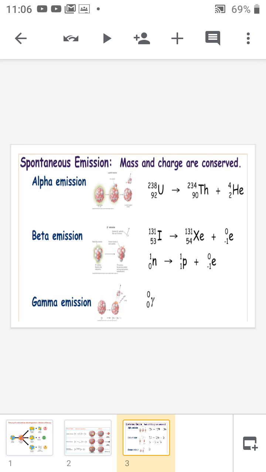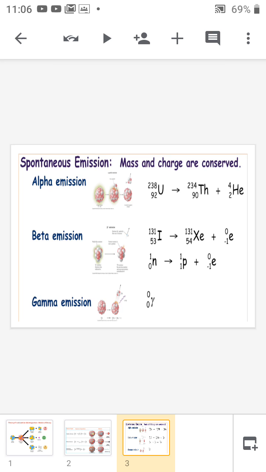So the newly generated daughter nucleus has atomic number 90, and the mass number is reduced by 4, so the mass number is 234. That is the element thorium. The element is determined by the atomic number. Since the daughter nucleus has atomic number 90, we get thorium as the element.